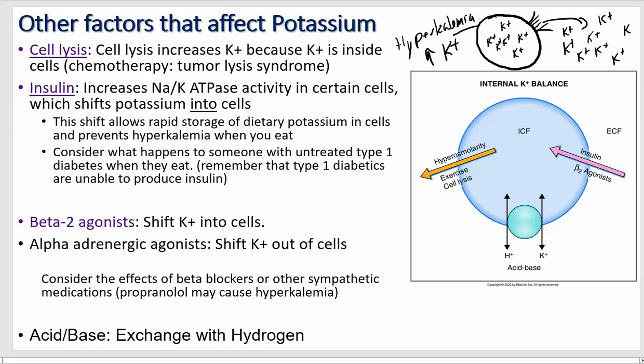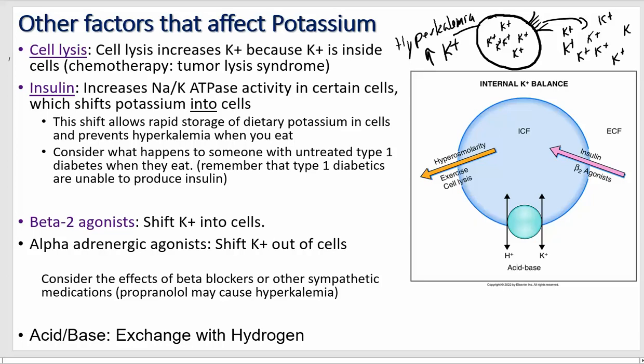That's why, if you remember apoptosis, apoptosis is a good thing, because the alternative is for cells to just break. And then you have that release of potassium and all kinds of other stuff. So cell lysis could increase potassium levels in the blood.